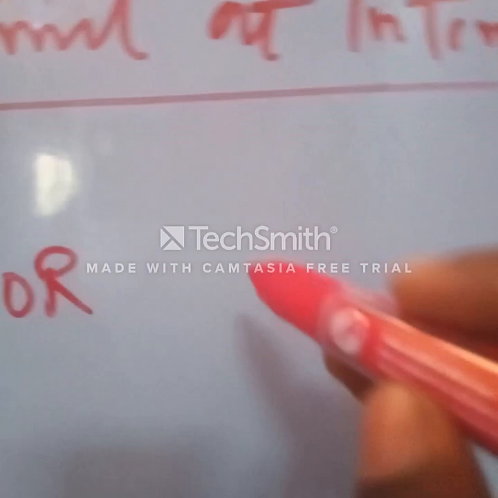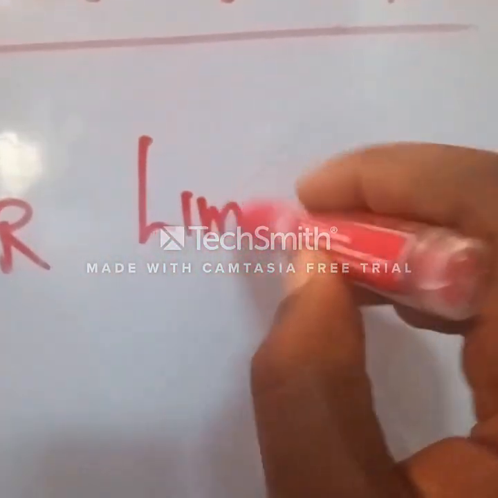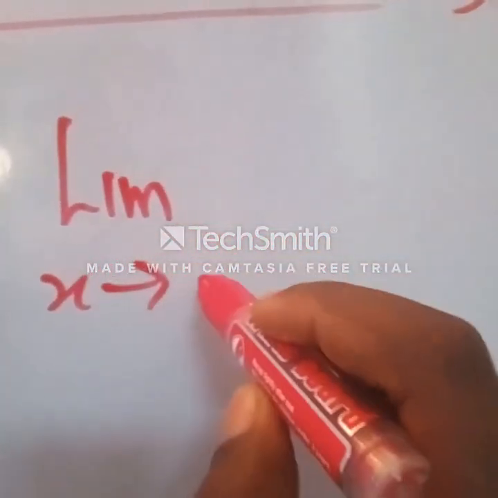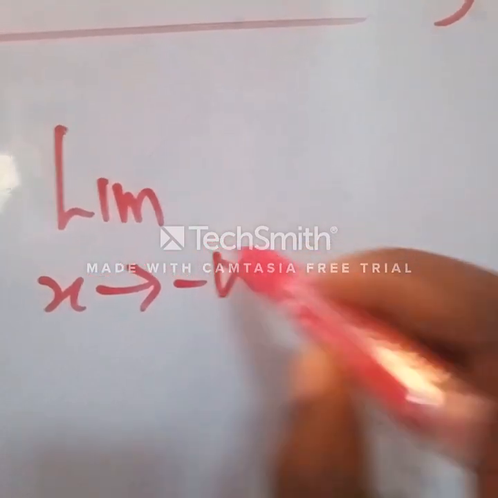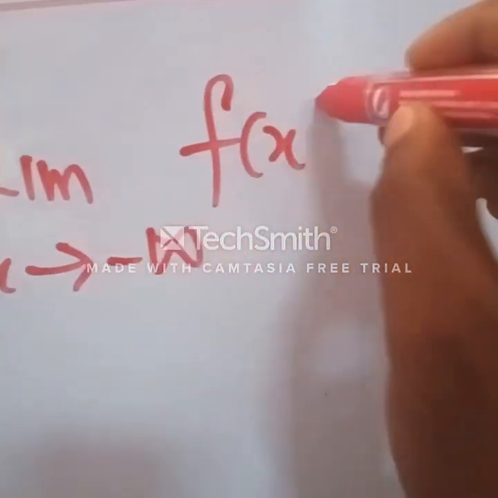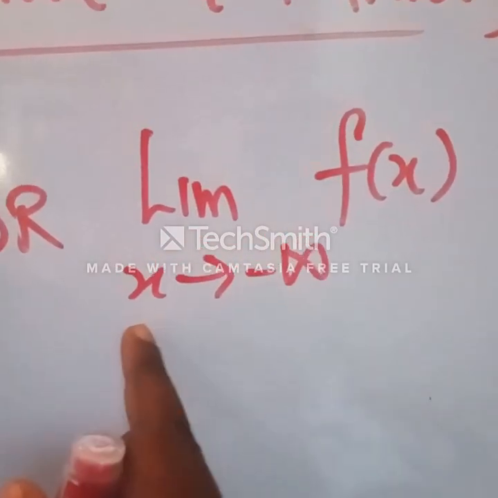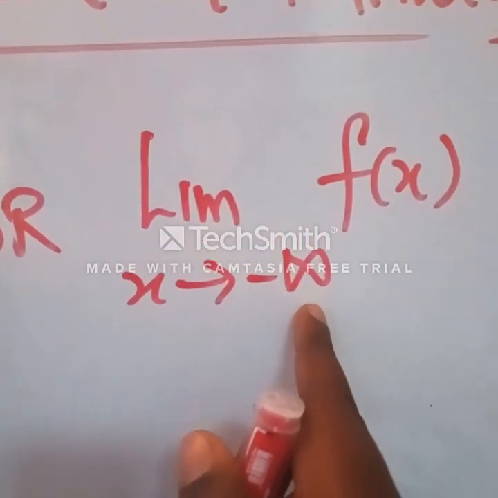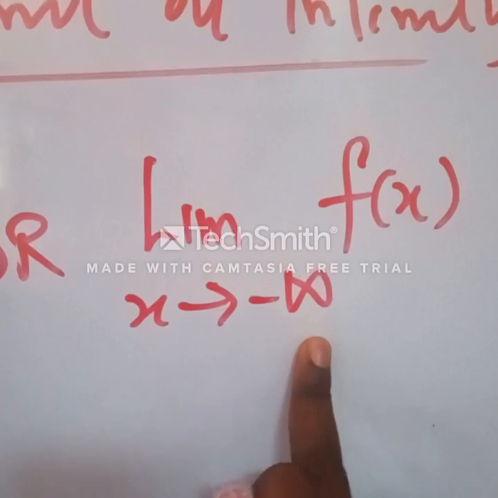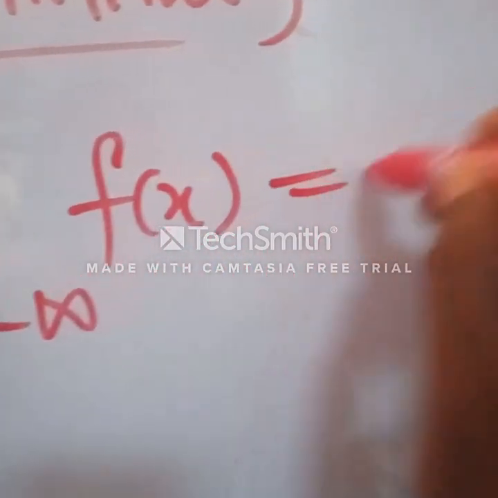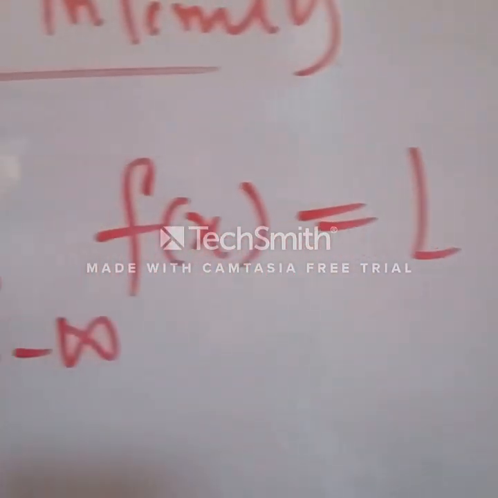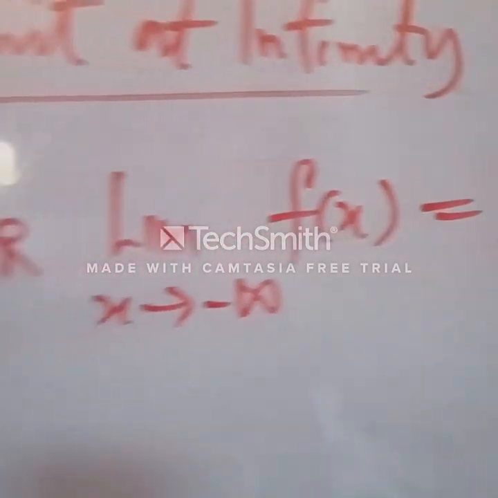we have equally said that when finding the limit of a function as x tends to negative infinity, that is when x is decreasing to a large negative number without bound, it is also possible for us to have a limit for that function.